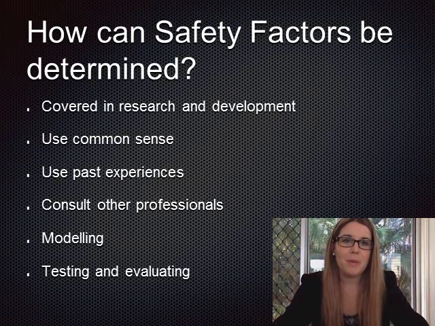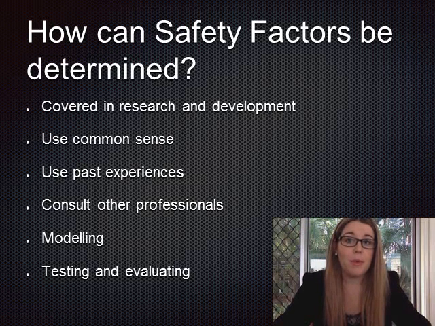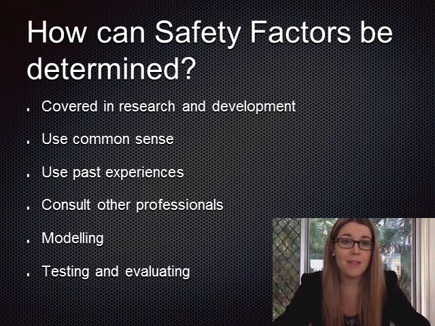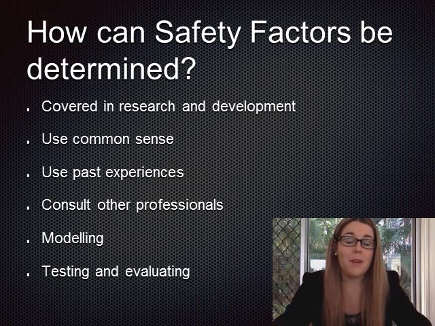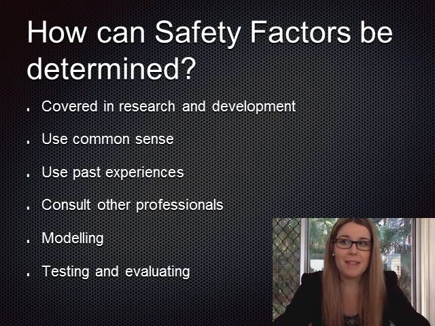Therefore, how can we determine safety factors? Safety factors for a project or object can be determined through research and development. We can also draw on our own past experiences and use common sense to determine the safety factor, as well as consult with other professionals in the field to develop a further understanding and to draw on their opinions of safety factors.